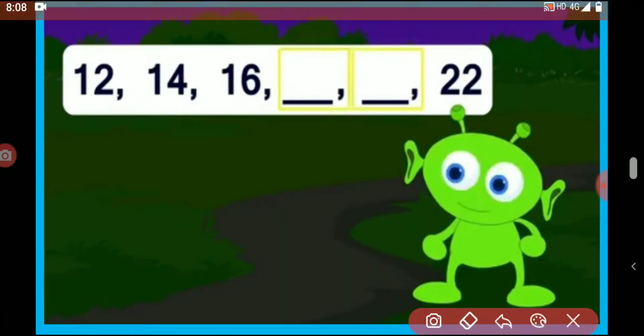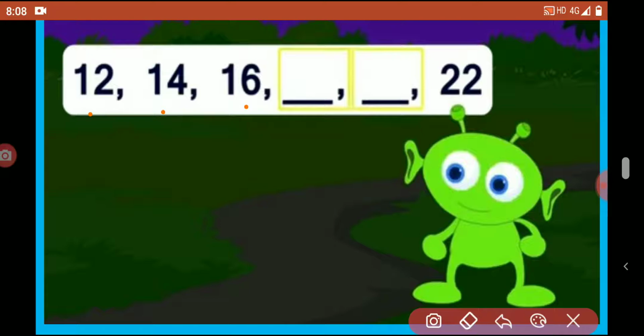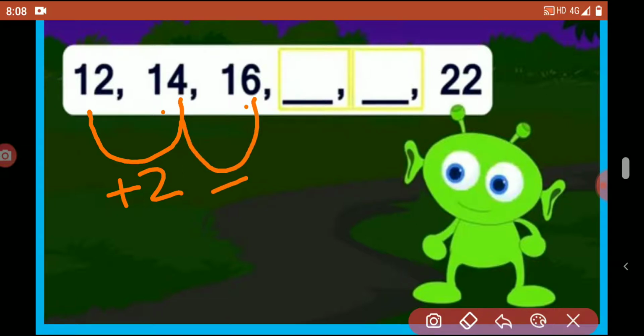Now another example. Here numbers are 12, 14, 16. So in this pattern, 12 then 14. If we add 2 with 12, the answer is 14. Again if we add plus 2 with 14, the answer is 16.